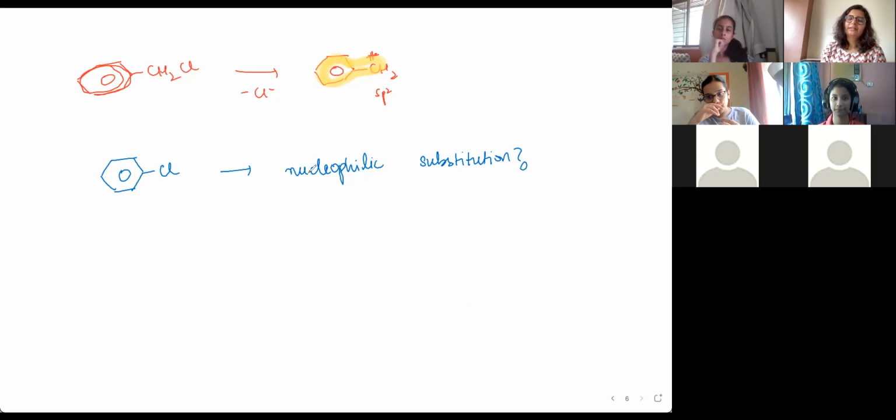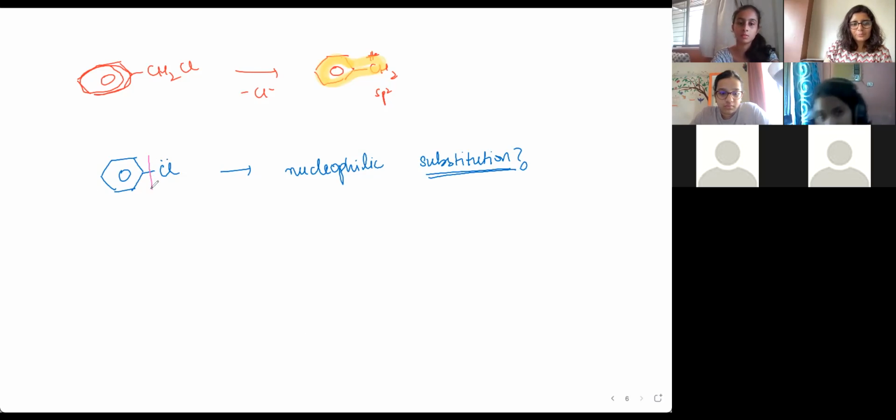But why don't aryl halides undergo nucleophilic substitution? It's because of partial double bond. There you go. So there is resonance, the lone pair of electrons on chlorine gets involved in the resonance. What does substitution mean? You have to break this bond, Cl leaves, and another nucleophile has to get in.